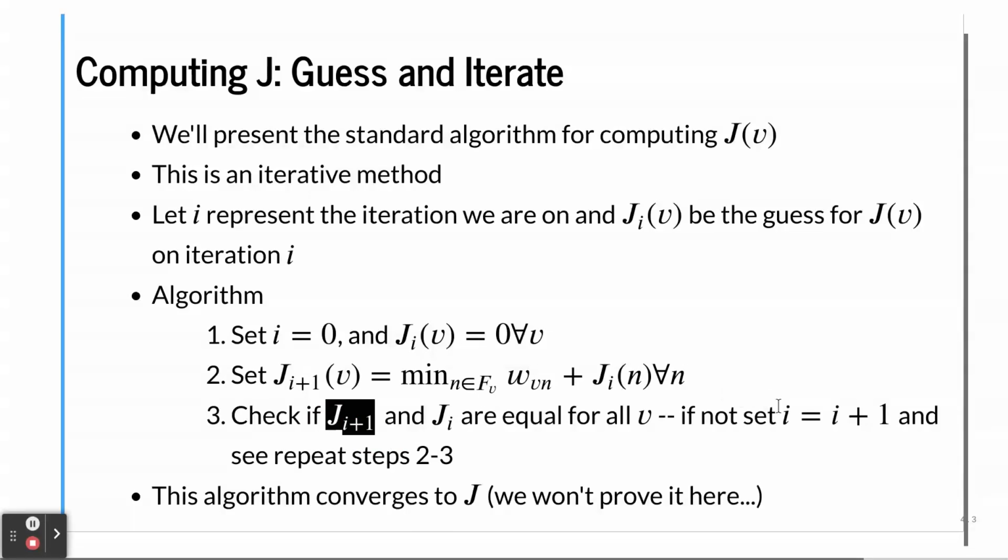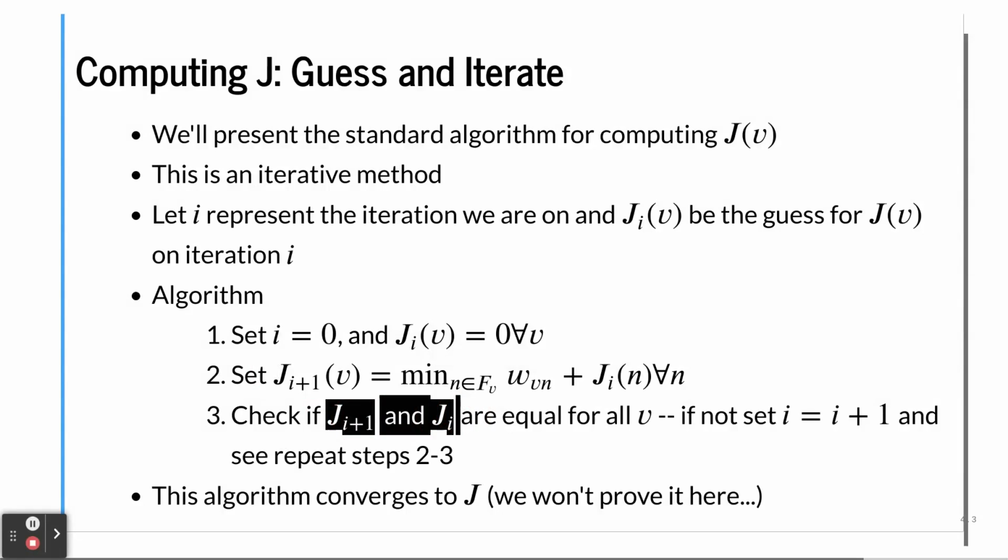If they're not, let's bump up our counter for which iteration we're on, apply this same operation again, and this time, instead of all zeros, we're going to have an updated measure of what the cost to go is from the destination n. This will then mix with the single edge weight to give us another updated value for J. We'll check if those are equal. If they're not, we'll continue.